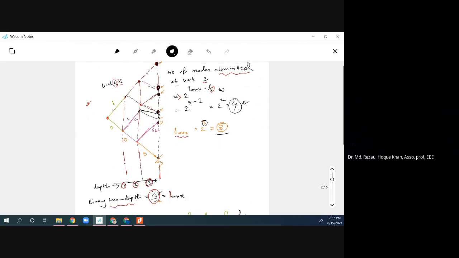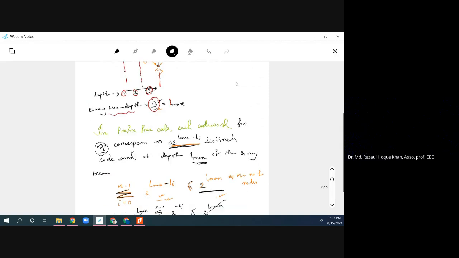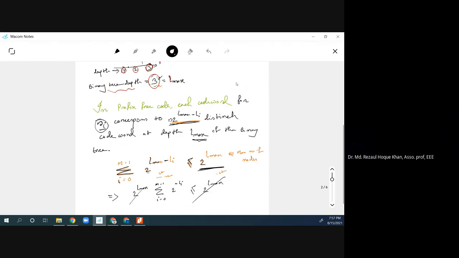Here L max is 3, so 8, but you have to eliminate to make it prefix free. This is the maximum, and after elimination you get this, so it will definitely be less than 2 to the power L max.